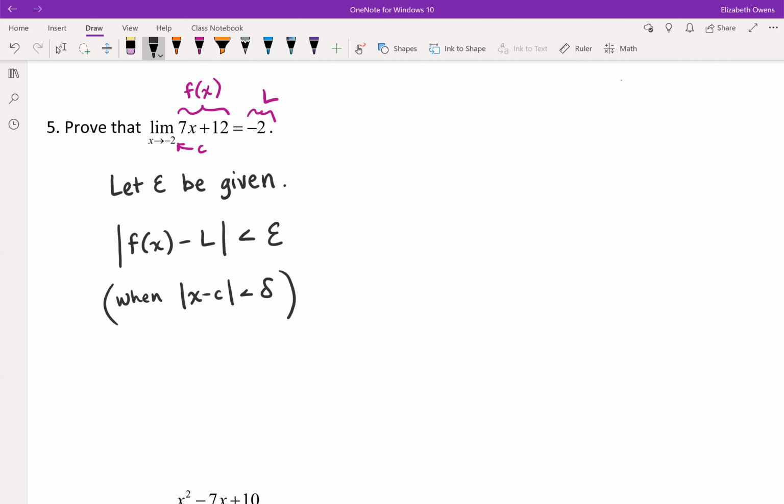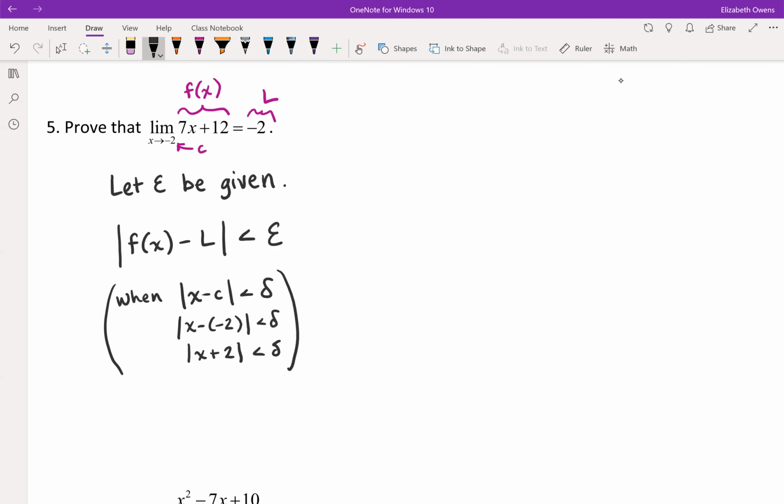So for x minus c less than delta, we would have x minus -2 inside our absolute value, which ends up looking like the absolute value of x plus 2 is less than delta. That's the key statement we are going to be looking for in our algebraic manipulations.